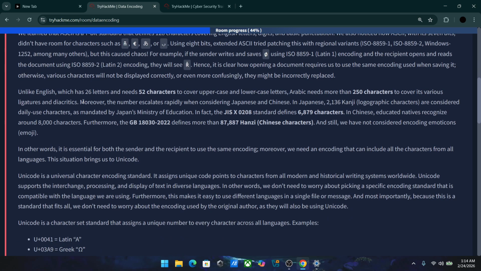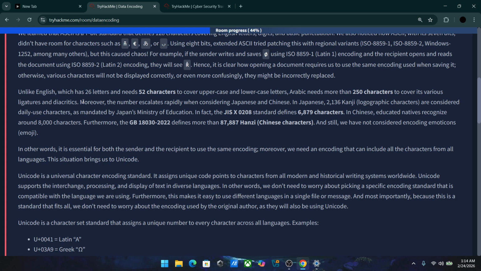Unlike English, which has 26 letters and needs 52 characters to cover uppercase and lowercase, Arabic needs more than 250 characters to cover its various letters and diacritics.